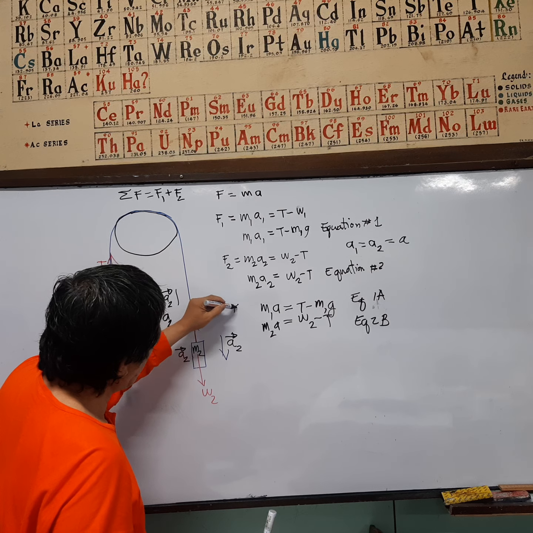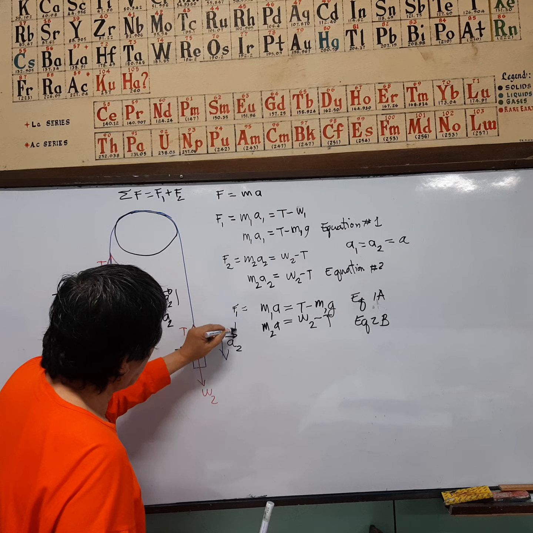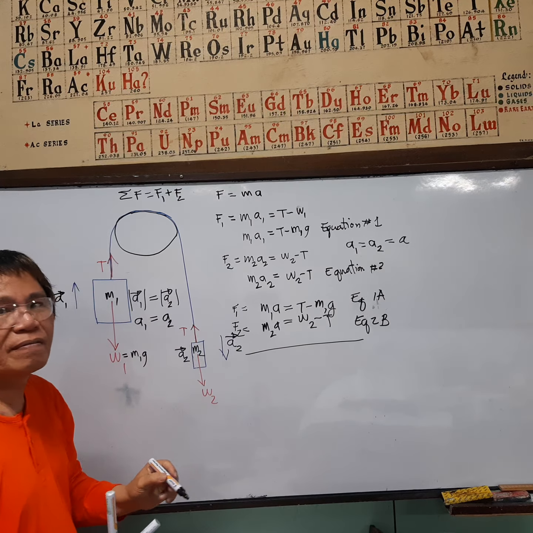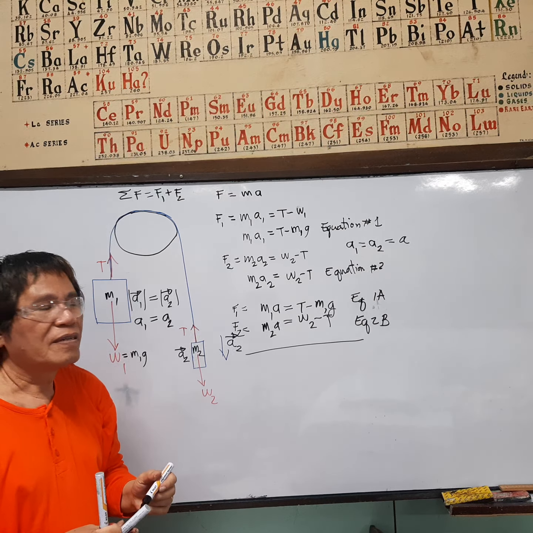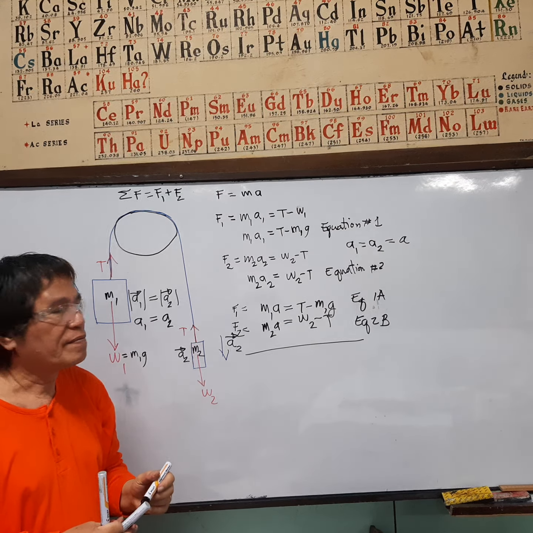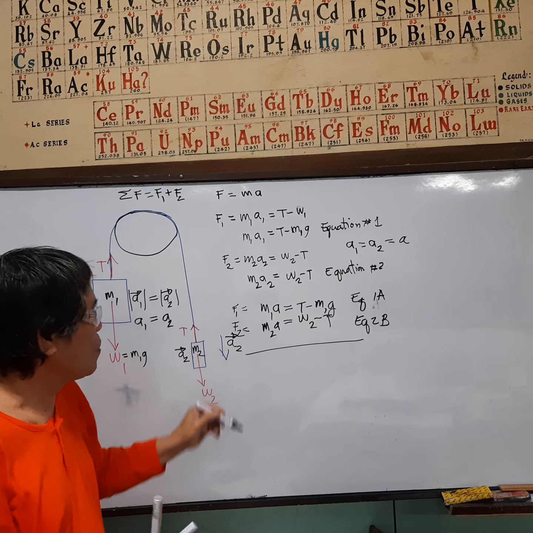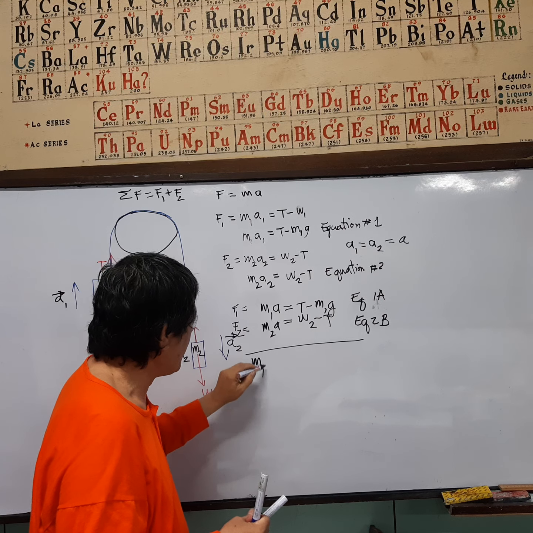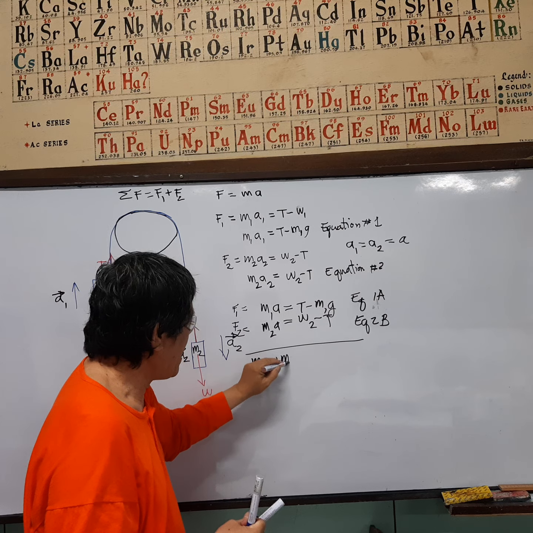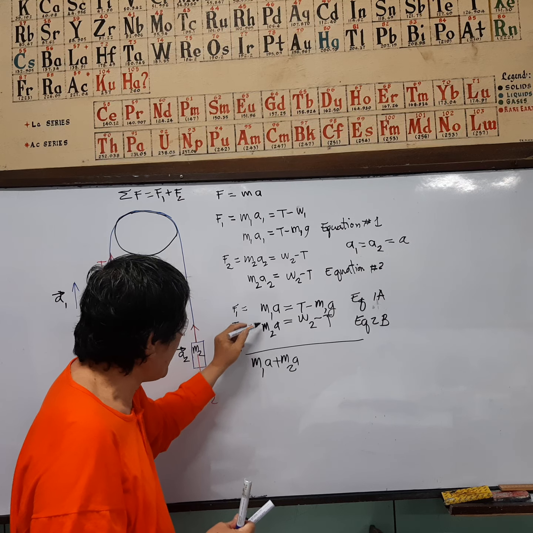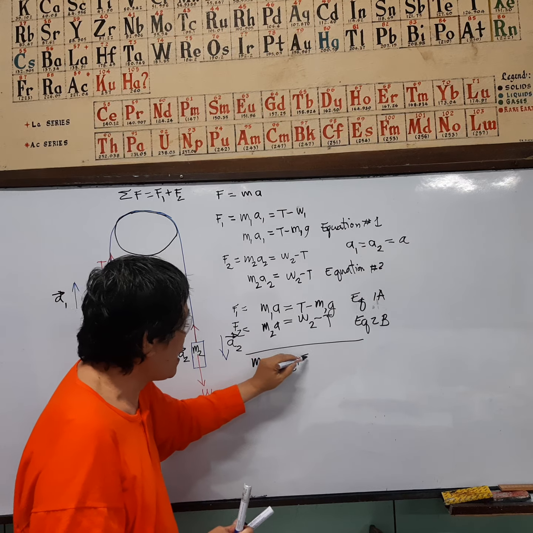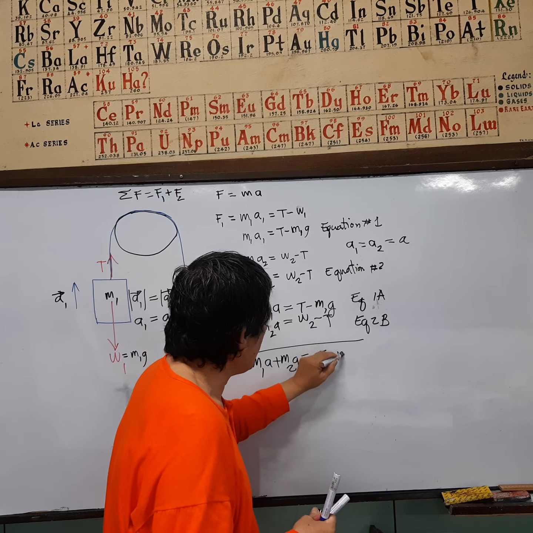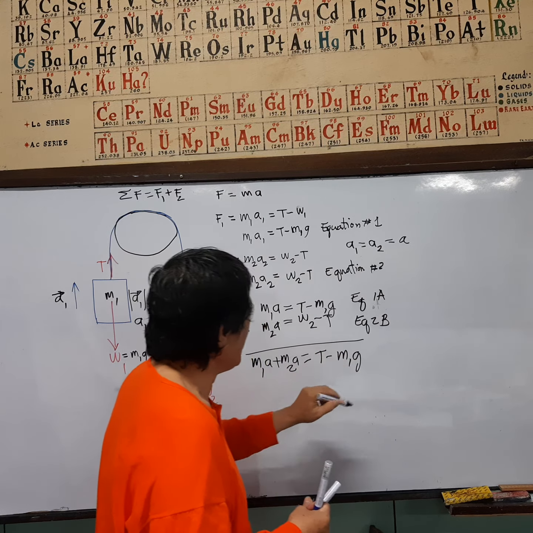This one is F1, this one is F2. We sum up, therefore we add them. So when we add, you will have M1A plus M2A equals, you add this one, tension minus M1G. Okay? This is the weight.